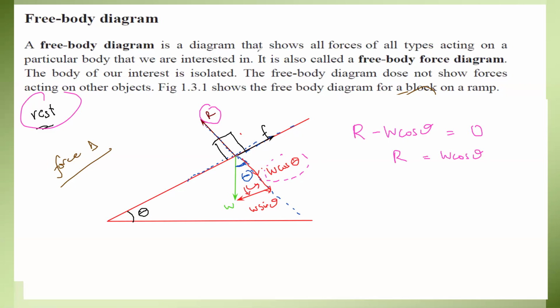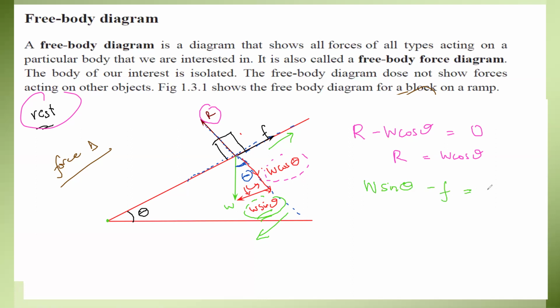What about the second component? As you can see, the W sine theta is there. This component, W sine theta, points towards the base, and friction is there which is opposite. Both forces must be equal as the object is not accelerating.